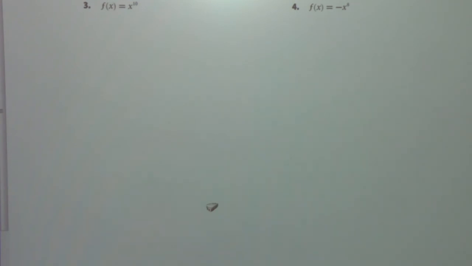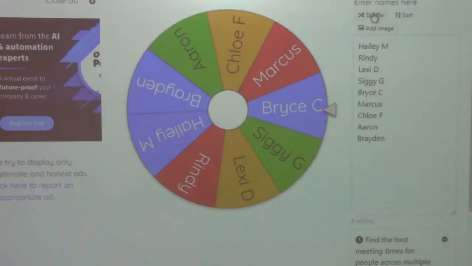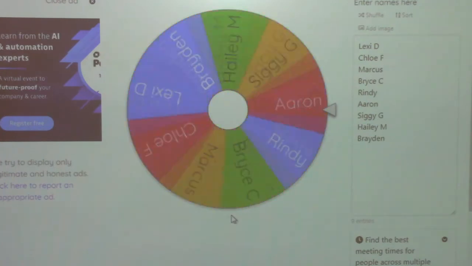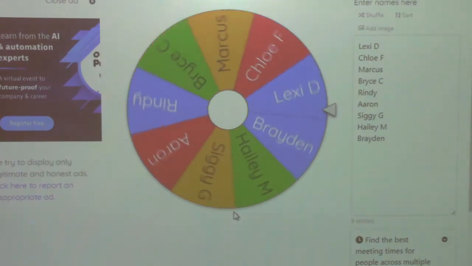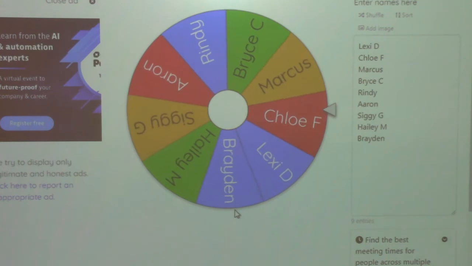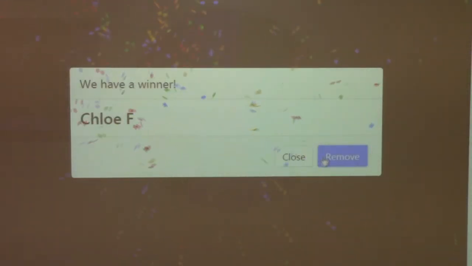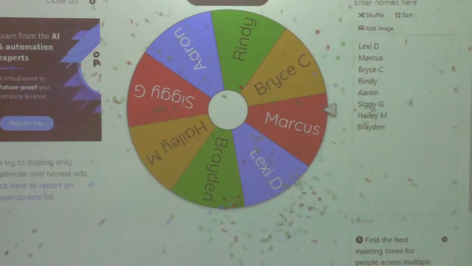Should be all the numbers. Our range? So x to the 10th. Would it be 0? No. Oh, it touches.